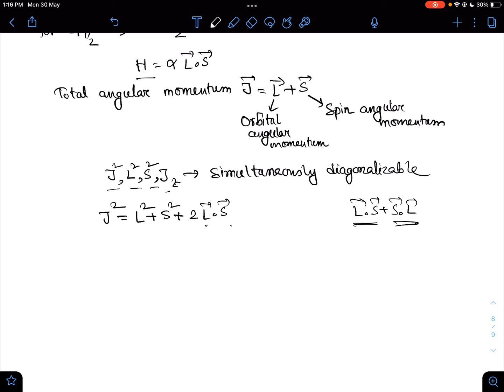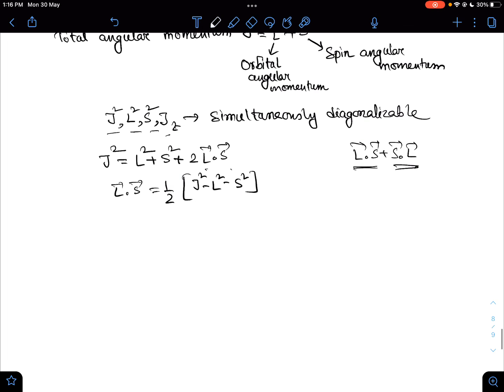If they didn't commute, we would have to take care of the order. So we can write L dot S as half of J² minus L² minus S². So our Hamiltonian is α/2 (J² minus L² minus S²).